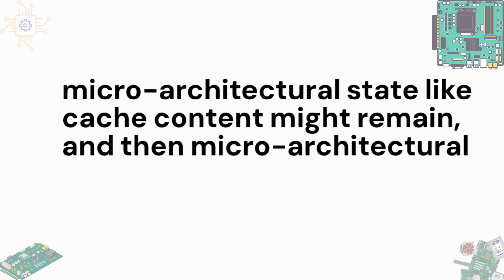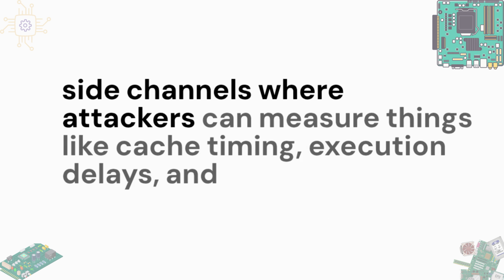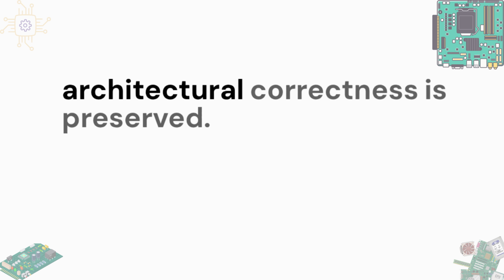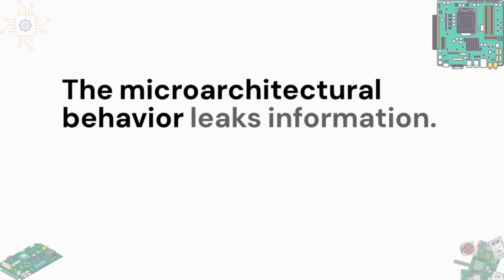And then there are microarchitectural side channels, where attackers can measure things like cache timing, execution delays, and power usage to infer data not explicitly exposed by a program. While the architectural correctness is preserved, the microarchitectural behavior leaks information, and there's your critical cybersecurity risk.